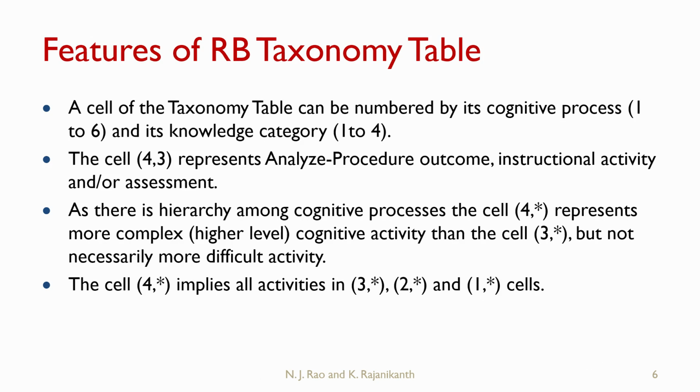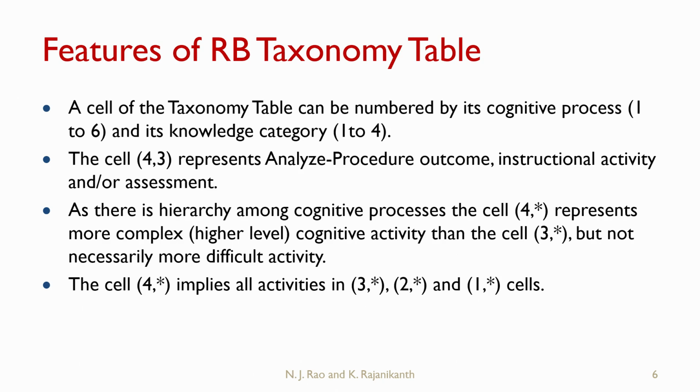So, the cell 4(3) represents analyze procedure outcome, or analyze procedure instructional activity, or analyze procedure assessment. For example, if you want to look at apply procedure outcome, then we can write it as 3(3).